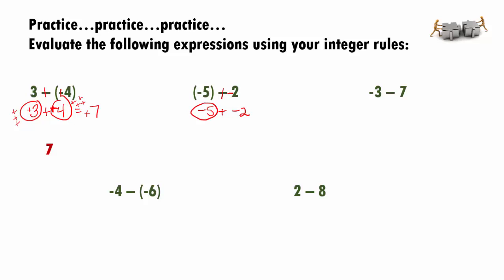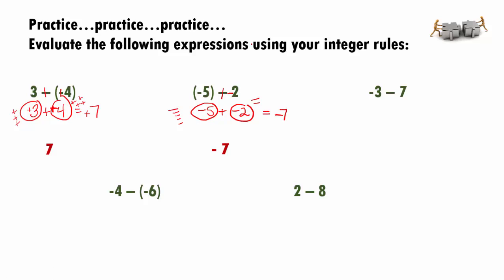Circle the sign that goes with the number. Are those signs the same or different? Signs are the same. I'm going to find the sum. 5 and 2 is 7. Then I have to ask myself, what do I have more of? Well, let's see. I have 5 negatives: 1, 2, 3, 4, 5. I have 2 more negatives. Hey, I only have negatives. My result must be negative.